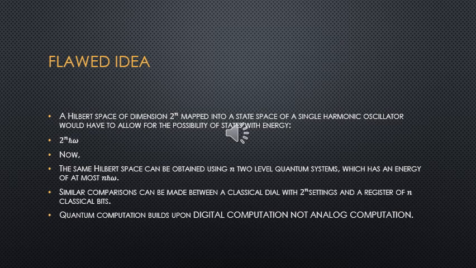Now, the same Hilbert space can be obtained by using n two-level quantum systems which have an energy of at most n h cross omega. Similar comparisons can be made between a classical dial with 2 to the power n settings and a register of n classical bits. We have to remember that quantum computation builds upon digital computation and not analog computation.